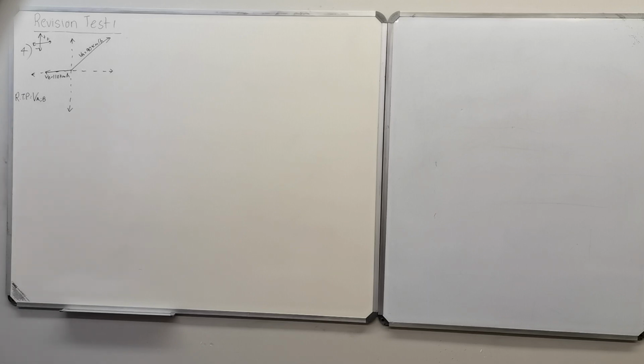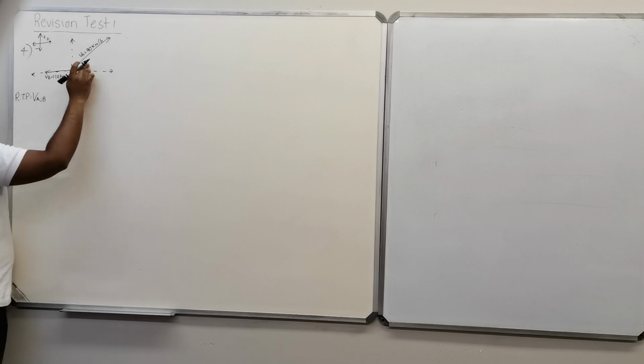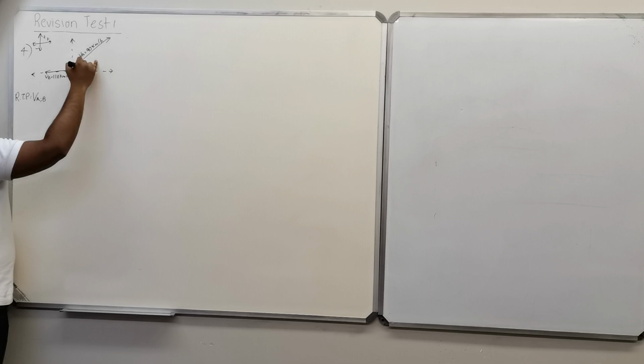Then what are we given first? Vehicle B relative to the ground along the x-axis is equal to -110. Before you go there, let's put in the angle. We're not given the angle for vehicle A. What angle do you put? 45.